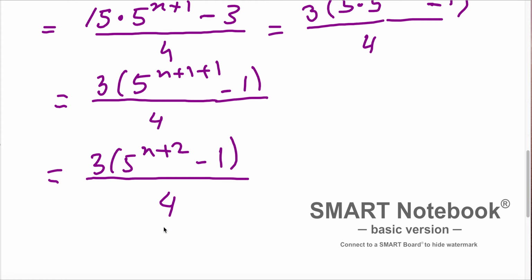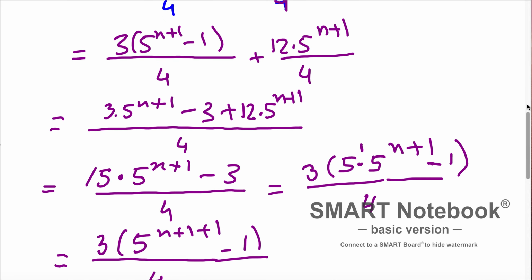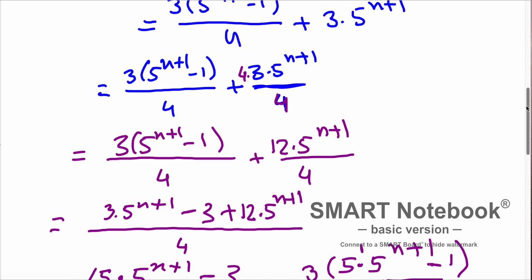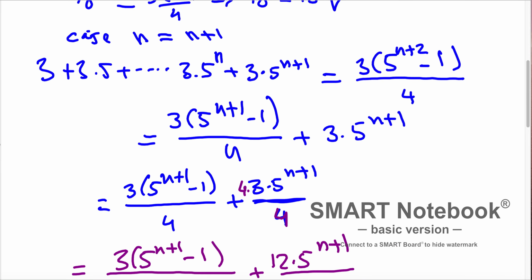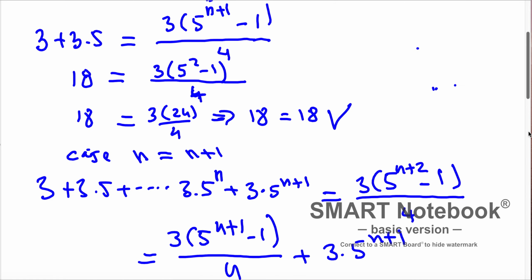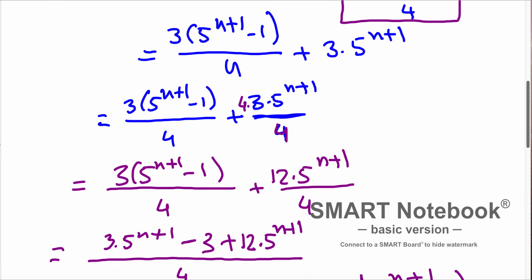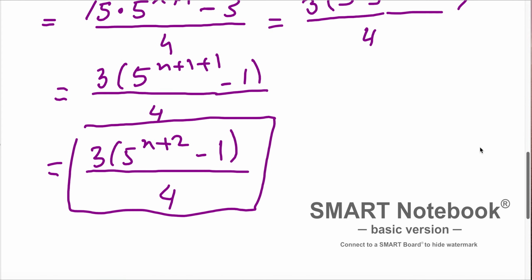We already proved that this side is the same as what we were trying to prove a little bit up. So we were trying to prove that this holds, and this we already proved. So this is the same, 3 times (5^(n+2) - 1) divided by 4. So this result is the same. It holds.